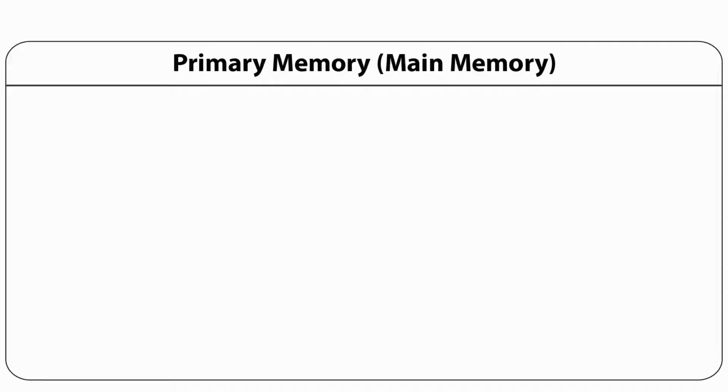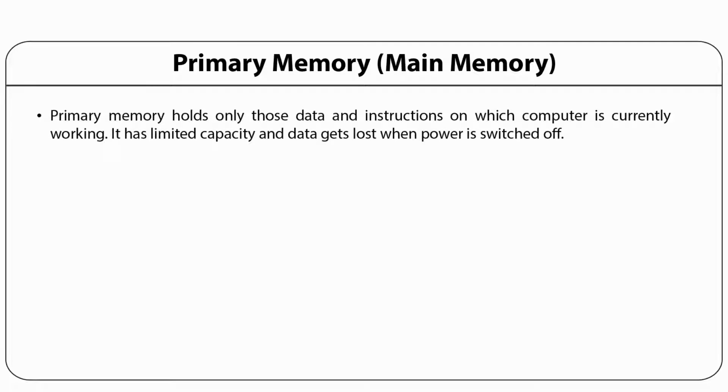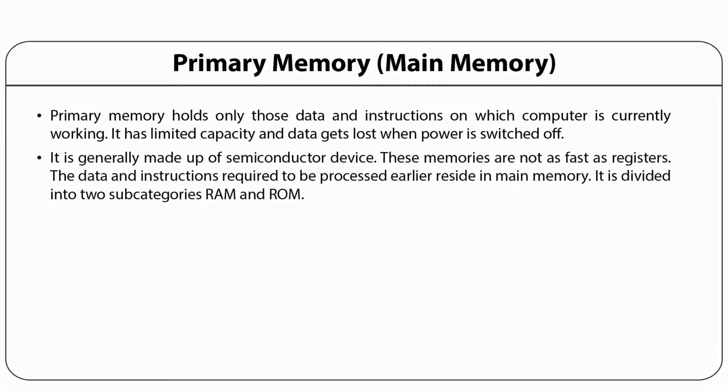Now, take the case of primary memory or the main memory. Primary memory holds only those data and instructions on which the computer is currently working. It has a limited capacity and data gets lost when the power is switched off. It is generally made up of semiconductor devices and the memory is not as fast as registers. The data and instructions required to be processed earlier reside in main memory.